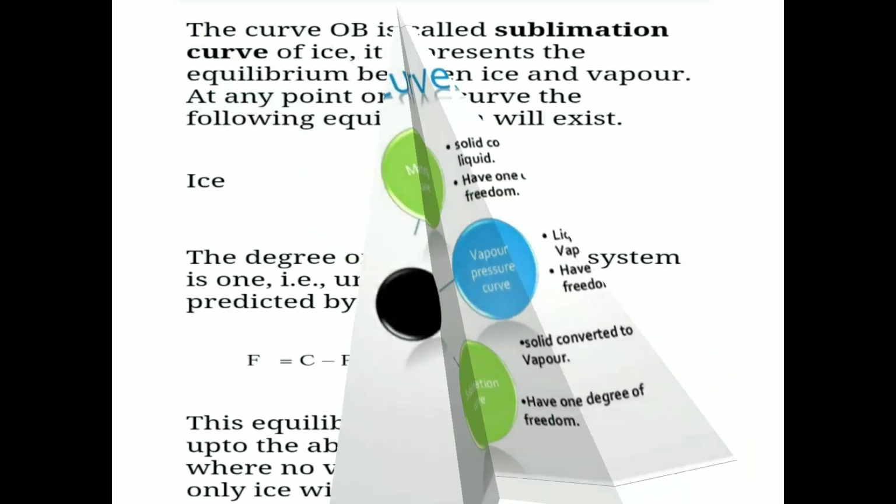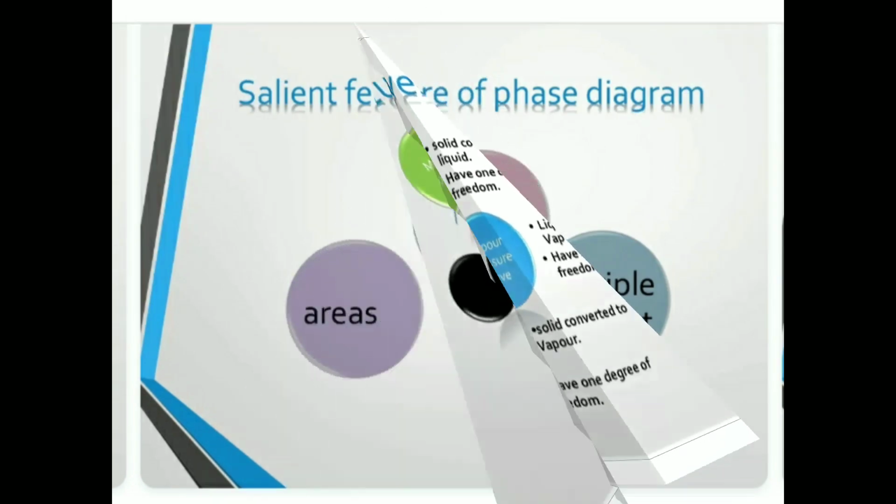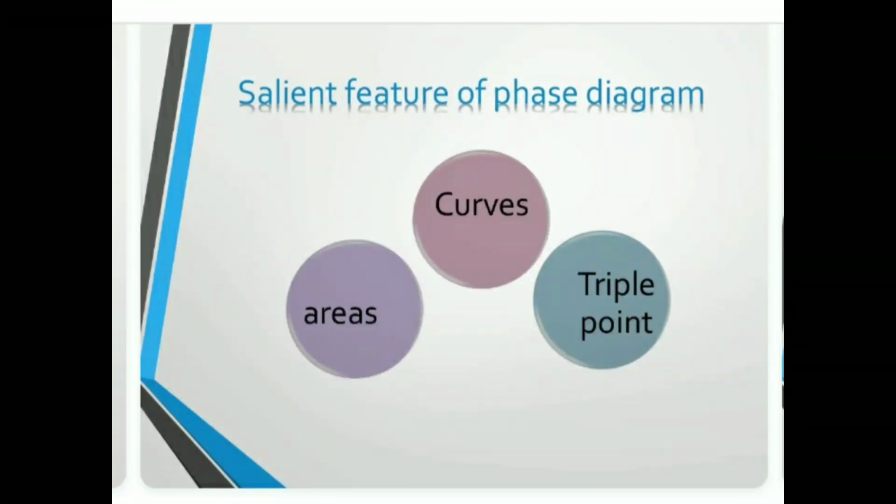The phase diagram of water system is here. This phase diagram contains curves, areas, and triple point.